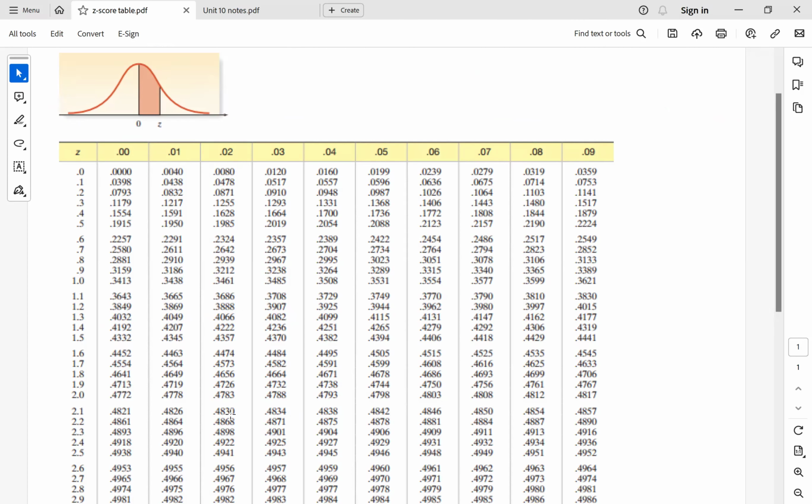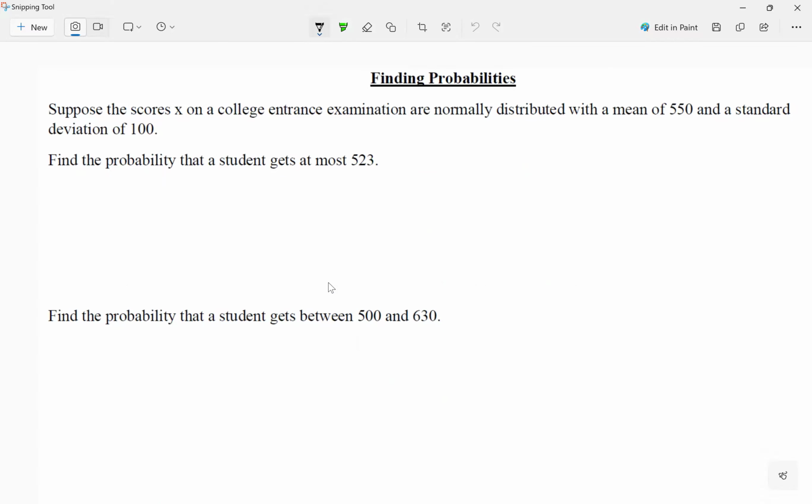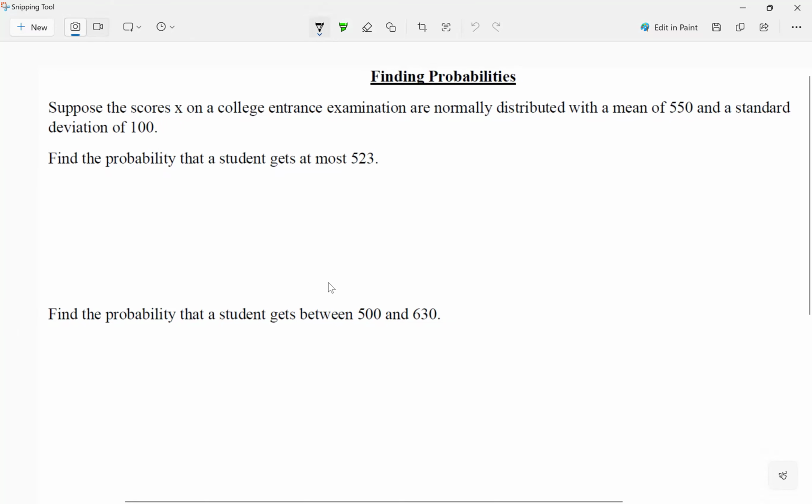So let's take a look at our first question. Suppose that scores X on a college entrance examination are normally distributed. Once I hear normally distributed, I think of the normal distribution, which looks like a bell.